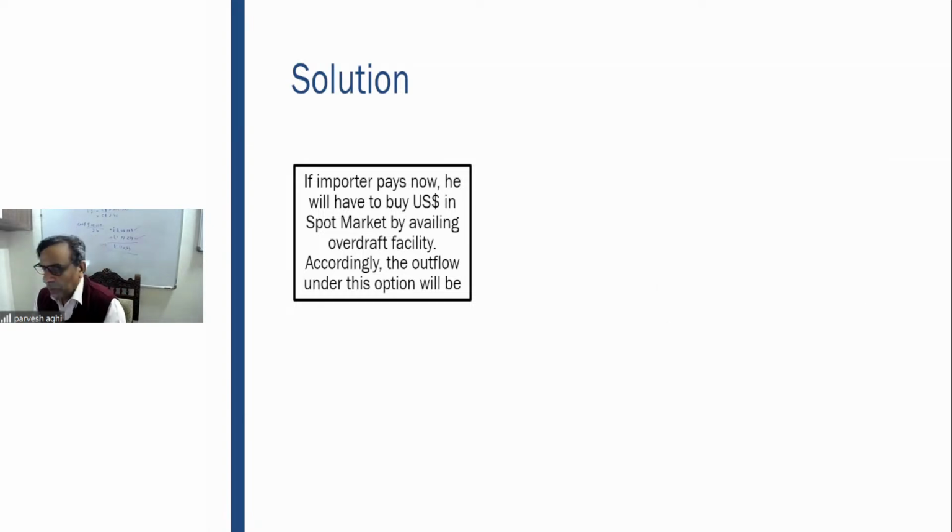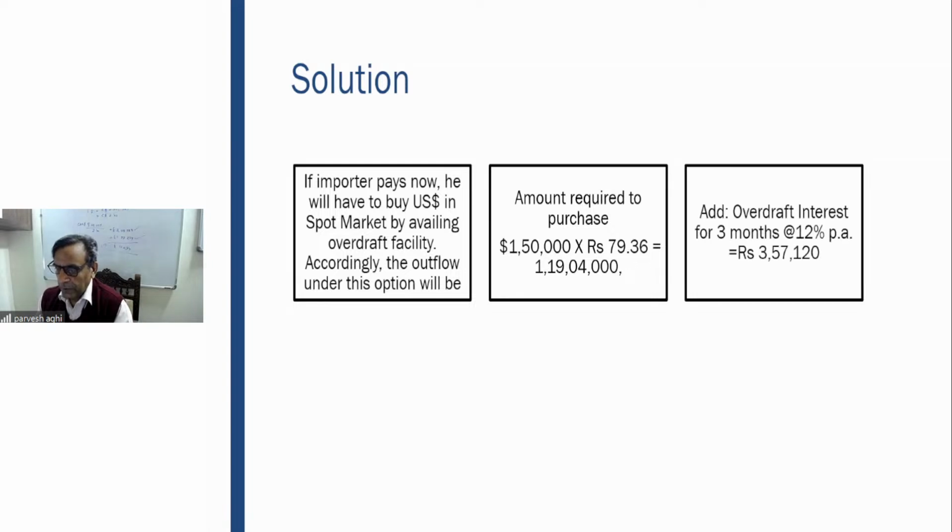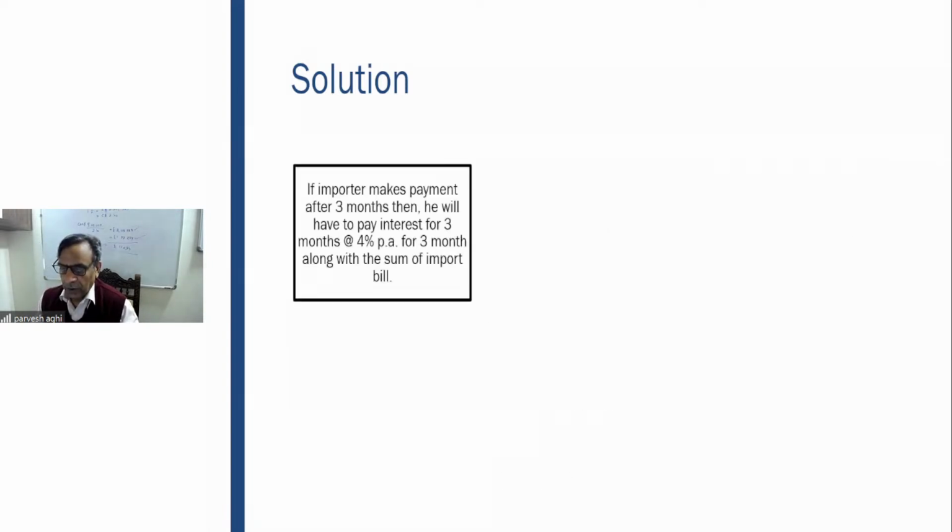I'm just going to wait for a minute more maximum. Then if the importer makes the payment after 3 months, then he will have to pay the interest for 3 months.